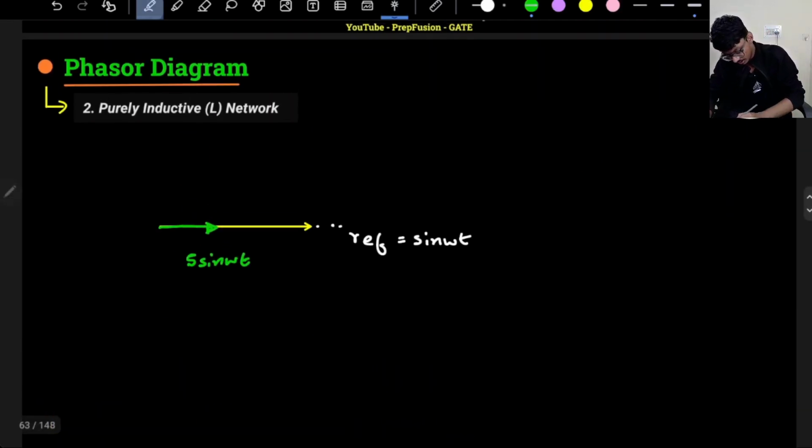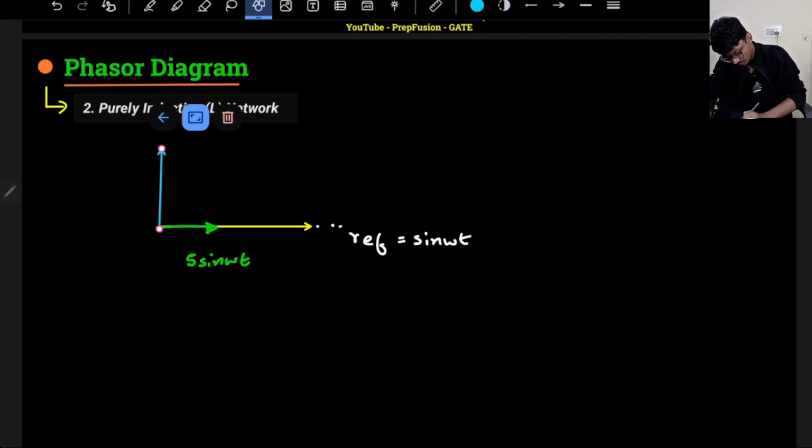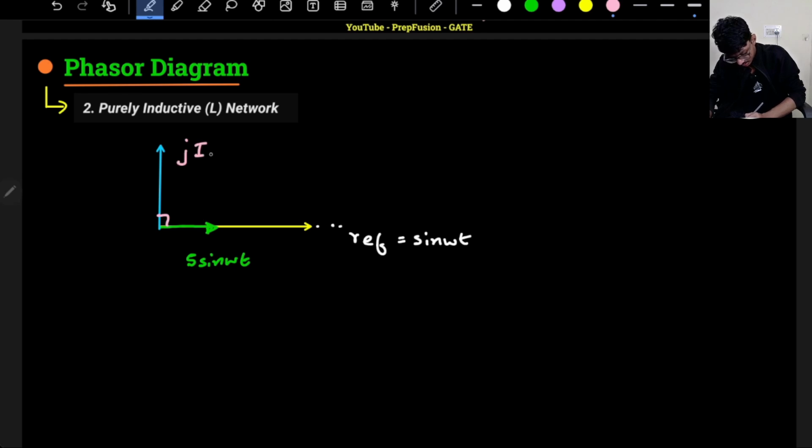Both ways work. This will be your voltage. Either you can write j into I, or you can write that it is leading. This is my V_L, which is proportional to cos omega t. So that's why it is leading.